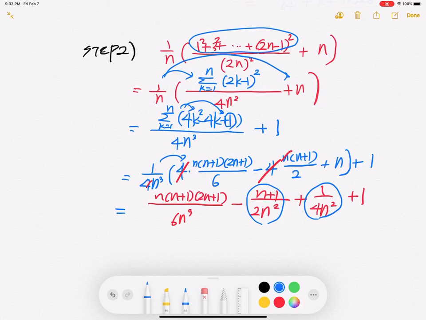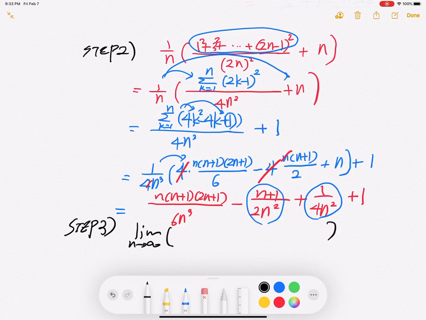That's why I'm not going to do more simplifying. Okay, let me keep doing step 3. Step 3 is just to find an infinite number of rectangles. Using the limit concept, I'm going to put the limit as n approaches infinity of those whole things.